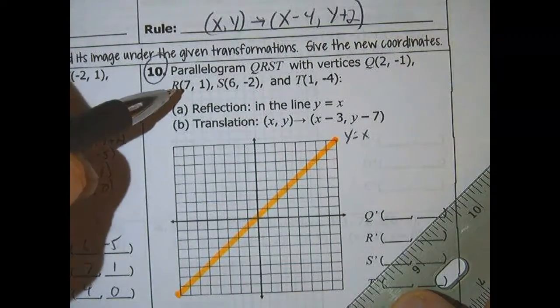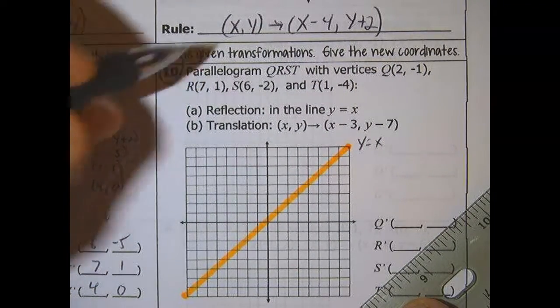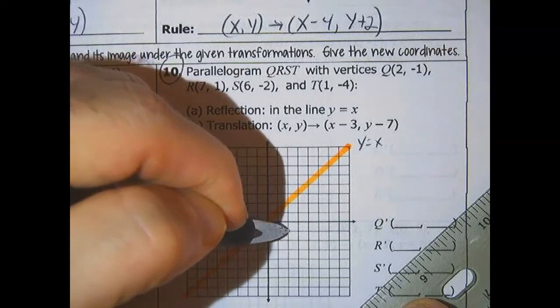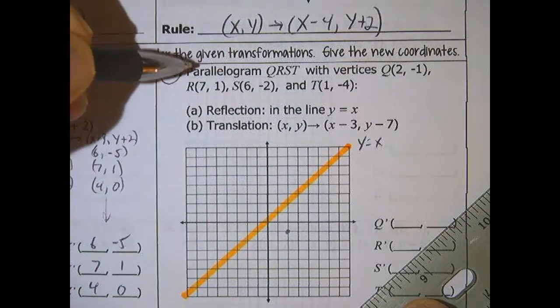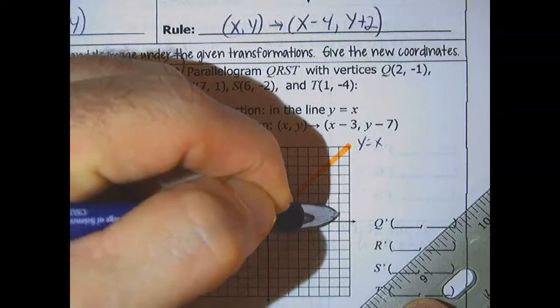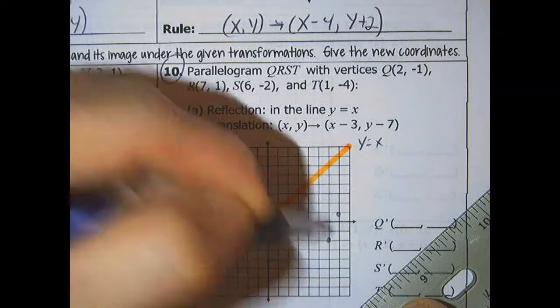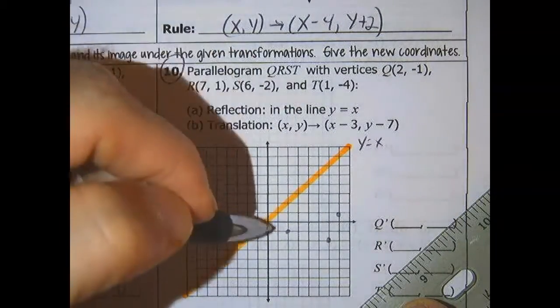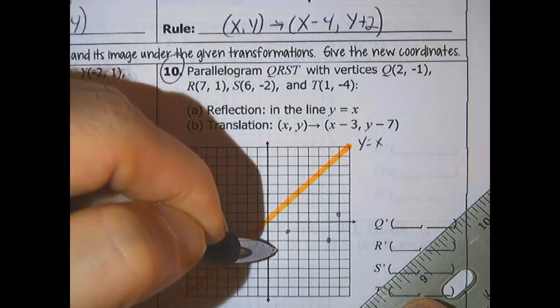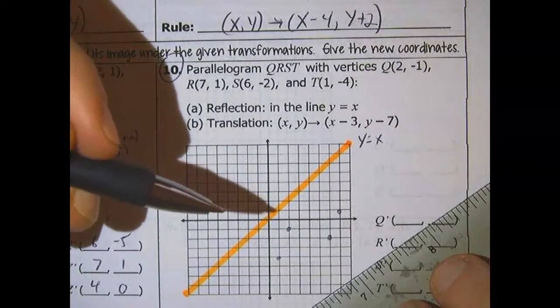Now I'm going to graph the original shape that's given. Actually, it's the parallelogram. So 2, negative 1, that's our Q. 7, 1 is here. 6, negative 2 is here. And 1, negative 4. Sometimes I'm thinking, how is this going to make a parallelogram?